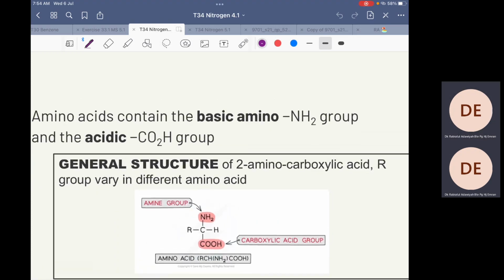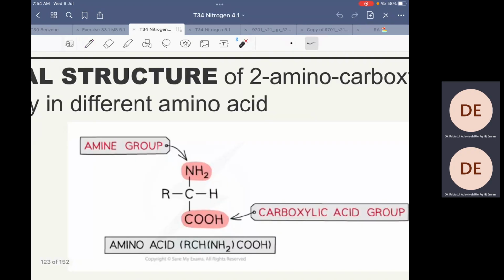So the general structure for an amino acid is that you have a carbon center attached to an amine group, an acid group, COOH, and a hydrogen. It usually has this hydrogen. And you can see here there's an R group.